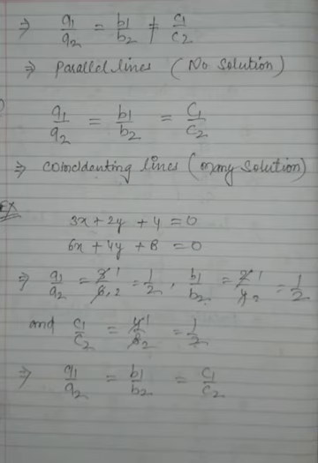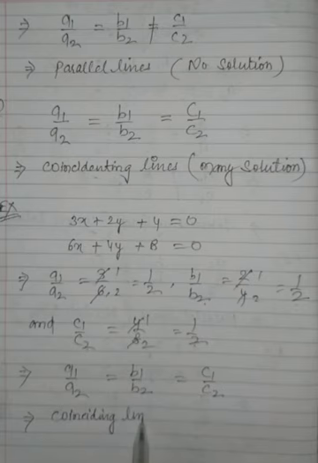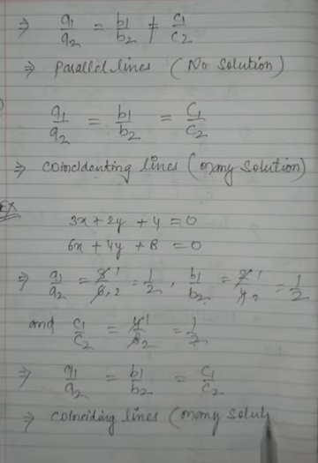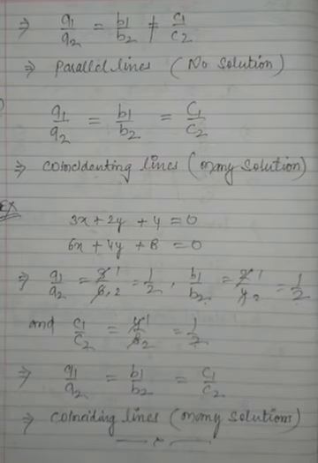All three are equal, so the lines are coinciding lines, and there will be many solutions. So these are the three conditions in which we will see the presentation of a pair of equations in two variables.